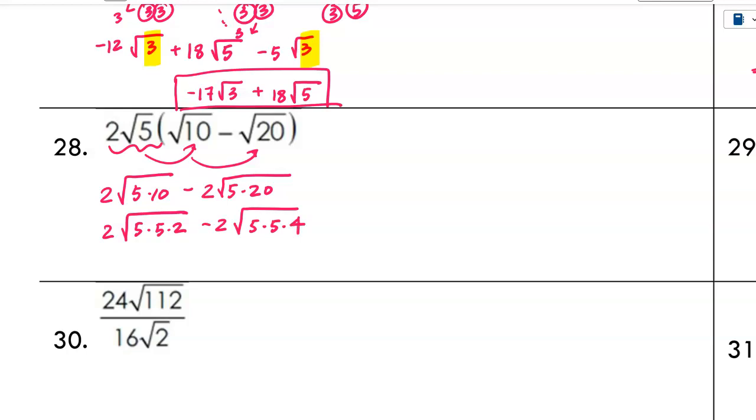Okay, what can come out? We have a 5 that can come out, a 5, and this 2 can come out. And so we end up with a 10 to the square root of 2. And 4 times 5 is minus 40.